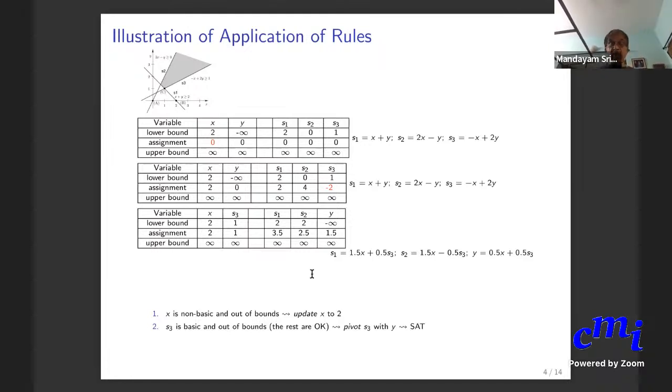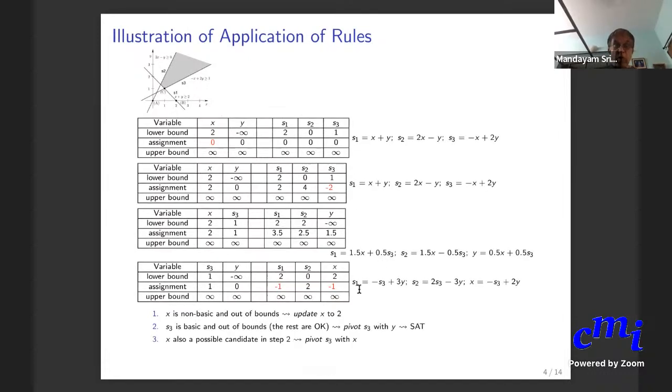The pivot operation sets S3 to its limit, which is 1. Then y becomes basic, and that ends that. Now this is for a particular variable ordering. There is also the case where the variable ordering was such that x was before y.